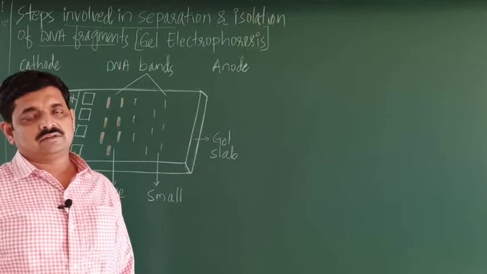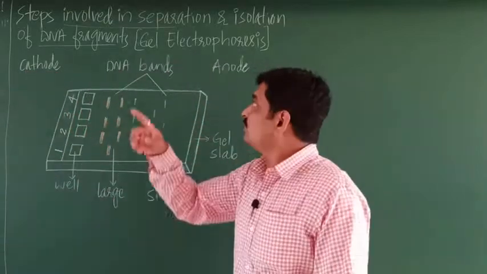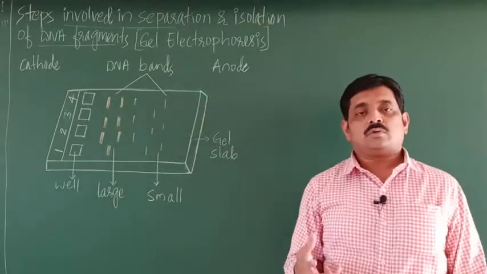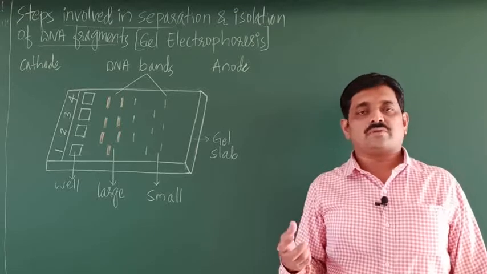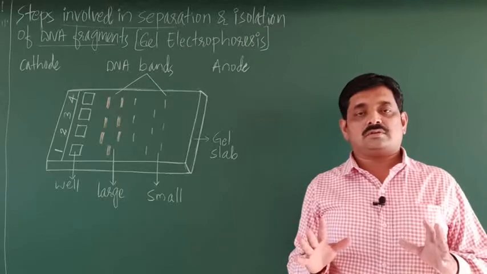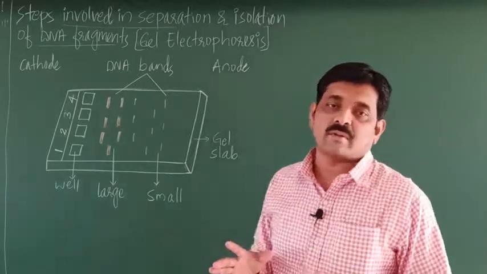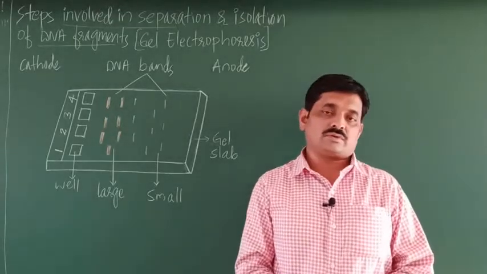It is a technique used in separation and isolation of the DNA fragments. So DNA fragments, these are the pieces or fragments of DNA. So isolation or separation of such DNA fragments is done by gel electrophoresis.